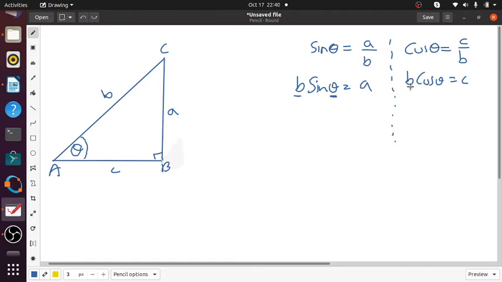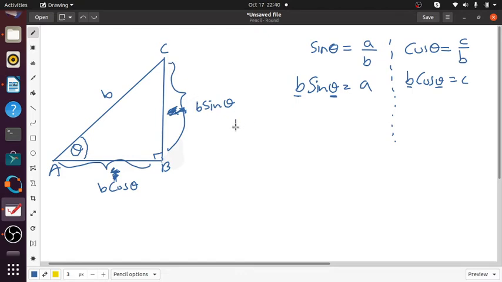Also given B and the angle, you can find C. What is C? C is the adjacent side. So what you saw here is that given the hypotenuse and an angle, you can find the other two sides. So instead of A, you can write B sine theta, and instead of C you can write B cos theta. So let's get rid of these. Now you have B cos theta and B sine theta.